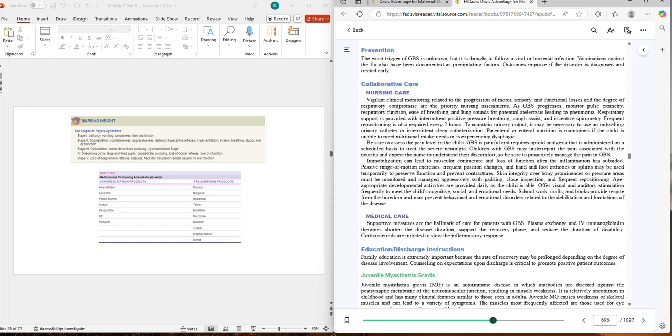Okay, you're going to be monitoring them for respiratory compromise. And they may even have a parenteral or enteral feeding tube to maintain nutrition. Okay, and this is because they start experiencing dysphagia. So that's important to know.